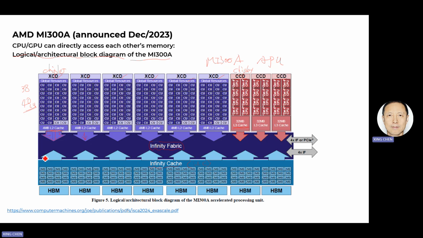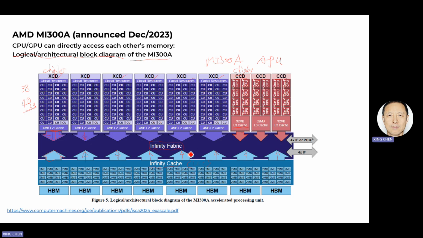And at the same time, all these arrows show that the Infinity Cache is also connected to the Infinity Fabric, like this. Okay, this is a chiplet design. You have the chiplet for the CCD, the chiplet for the XCD. You have HBM memory as another component; it's not a chiplet, it's another piece of component. You have this Infinity Cache, which is on the I/O chiplet.